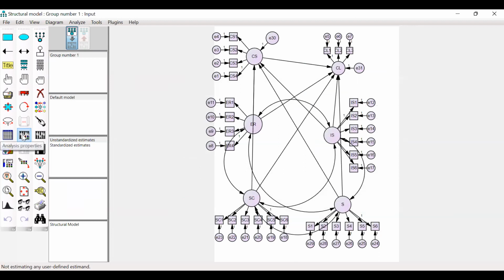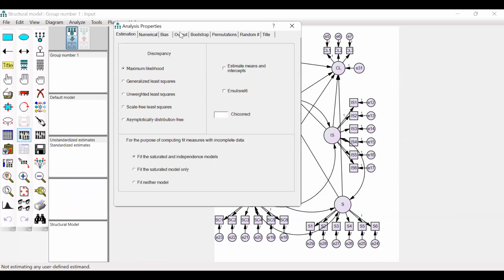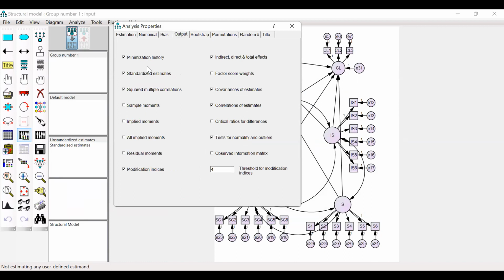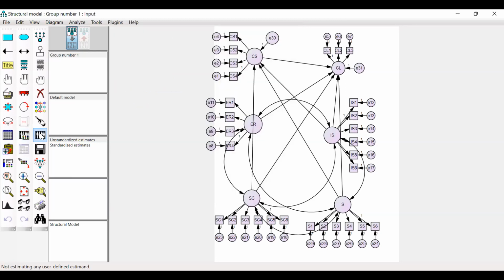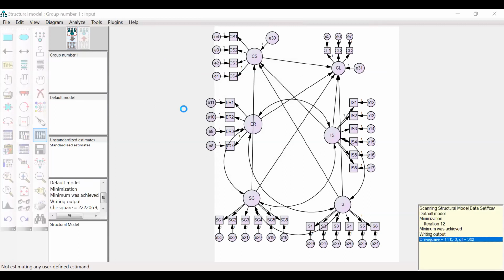Then we go to the output analysis properties, where you go to output and select the 1, 2, 3, and 4 buttons on the left hand side, and 4 on the right hand side. In this case, on the left it is 1, 2, 3, and 8, and on the right it is 1, 3, 4, and 6. This has to be selected. Once selected, you see the output is disabled. Once you run the analysis, only then will the output be enabled. So click on the run button and it will run.